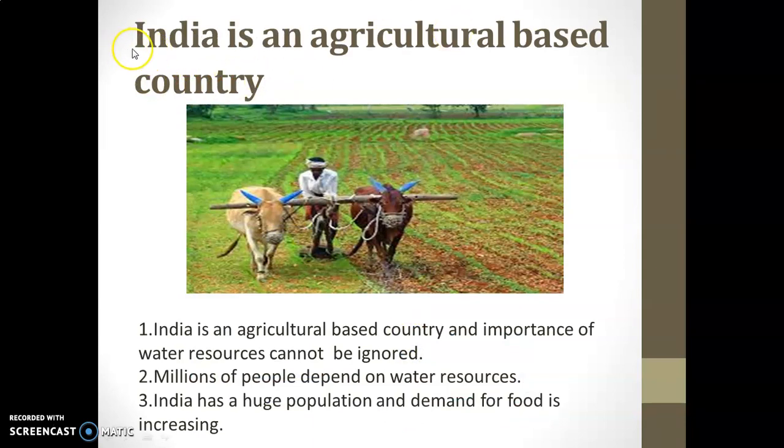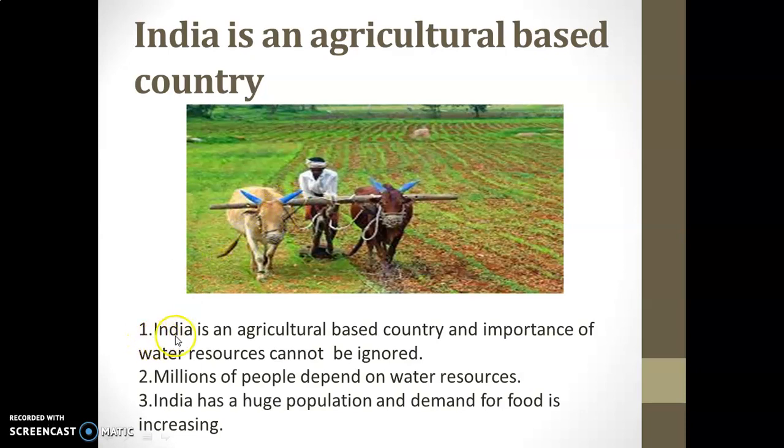Next, India is an agricultural based country. We all know 70% of the population of India still lives in rural areas or villages, and the main occupation of people living in villages is farming or agriculture.